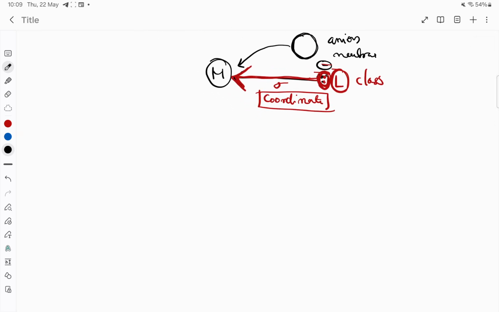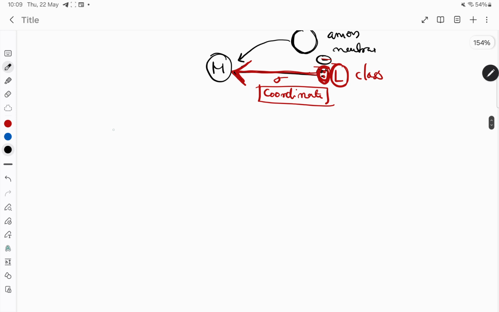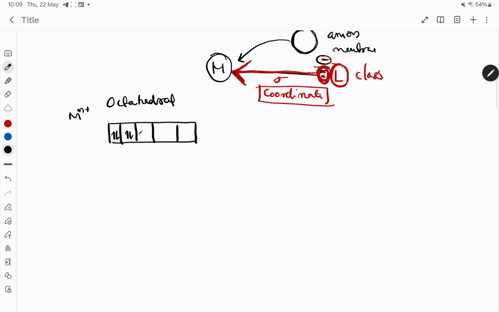For example, take an octahedral complex of some metal in an Xn+ oxidation state. With a strong field ligand and a d6 configuration, the six d electrons get paired up.